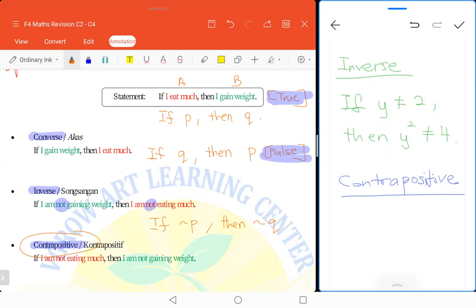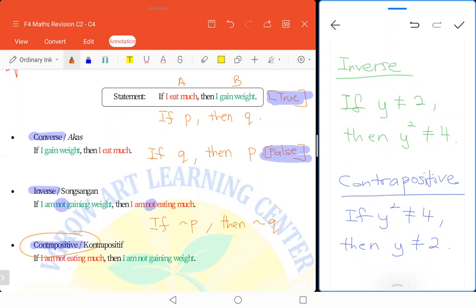Okay, just change the sequence. Yep. Okay, so if y square not equal to 4, then y is not equal to 2. Yep. Okay, good.